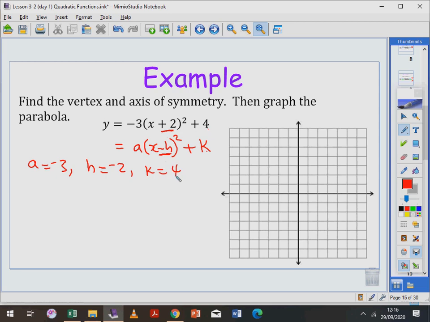So I know that if I have those values, my vertex is going to be h, k. So this means my vertex is negative 2, 4.